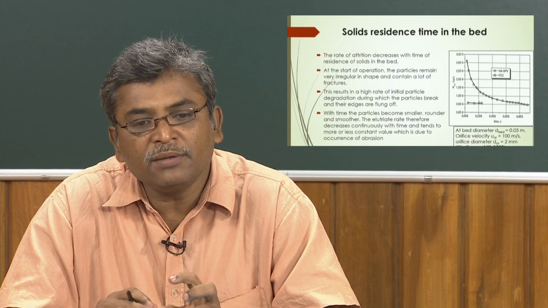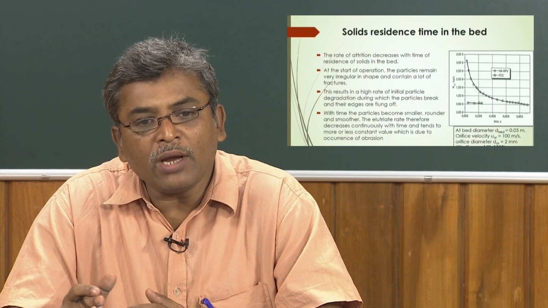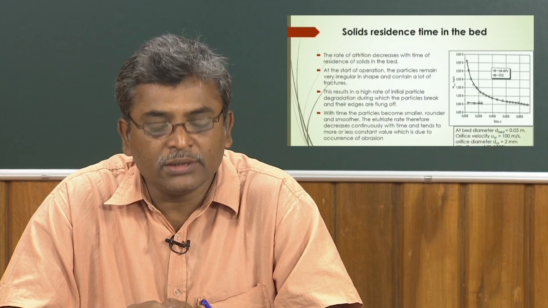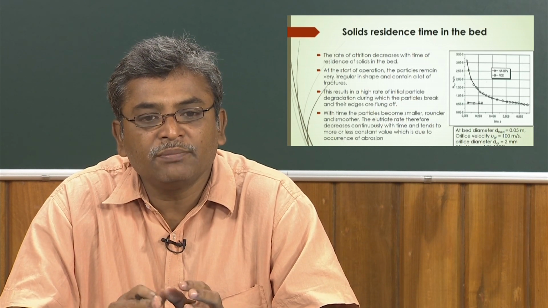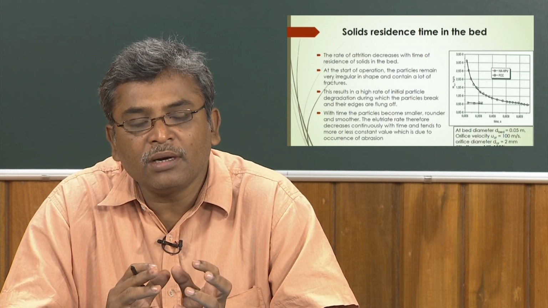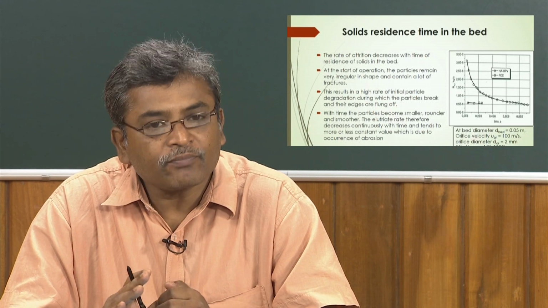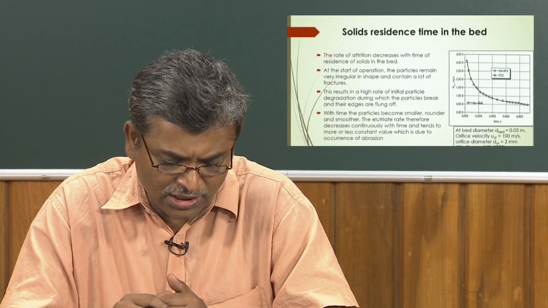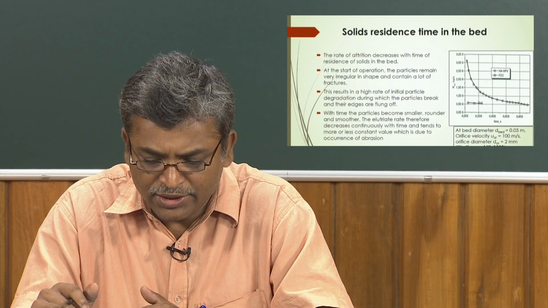So, abrasion may occur if more fine particles are there. It tends to abrasion if the solid residence time is more, because you know that more fine particles will be there because of breaking or attrition. Once maybe 80% of the particles become finer, you will see a mechanism of attrition change to abrasion, and then the attrition rate comes down.